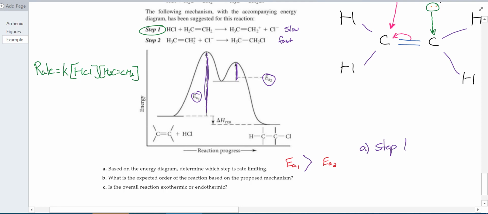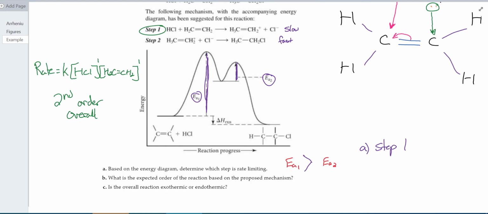That's what I would expect. So it's first order with respect to HCl, first order with respect to ethylene, and second order overall.